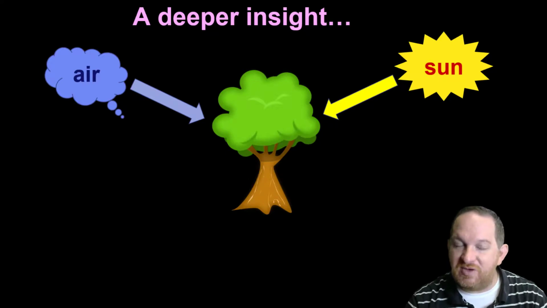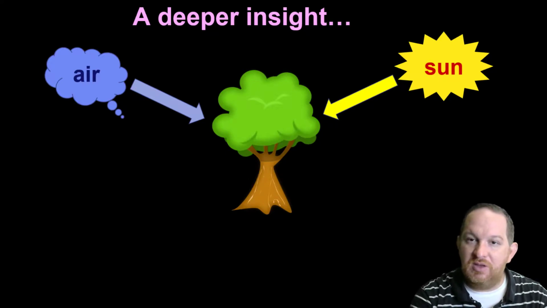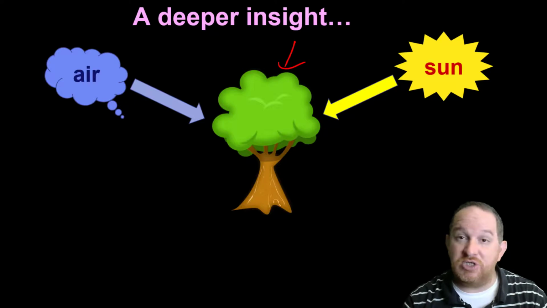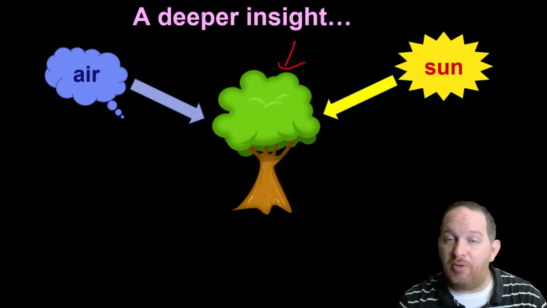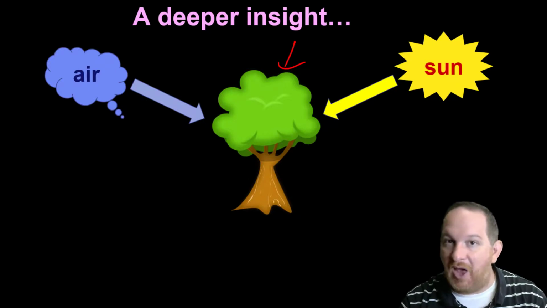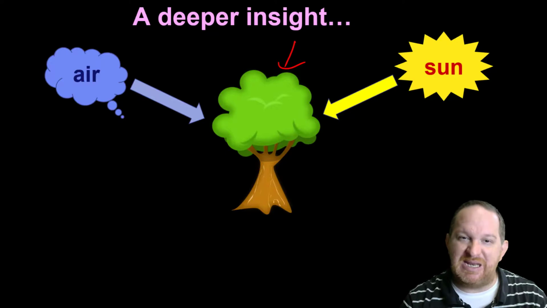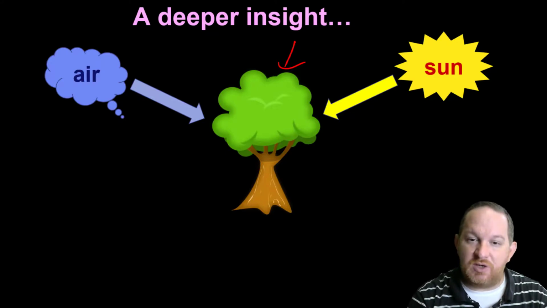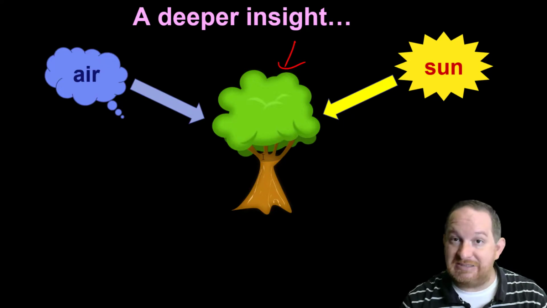Well, hopefully this video has taught you that the tree is just air. It's just carbon dioxide rearranged in the Calvin cycle by photosynthesis with the help of the sun to make the ATP and NADPH to make this tree. So what is the tree? It's really just air that's been rearranged.